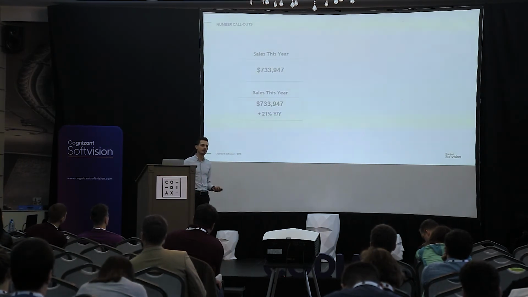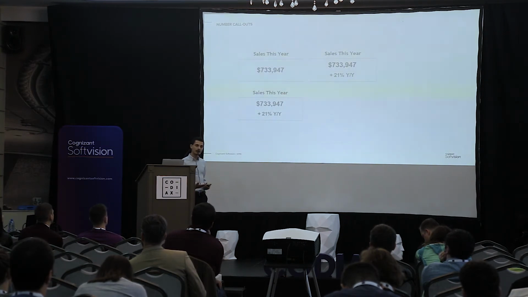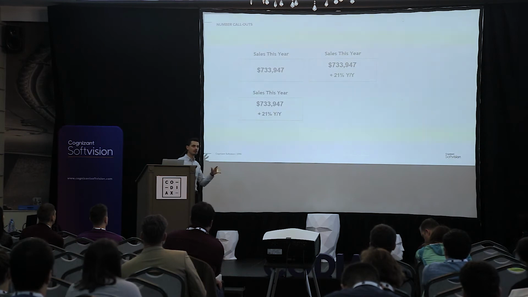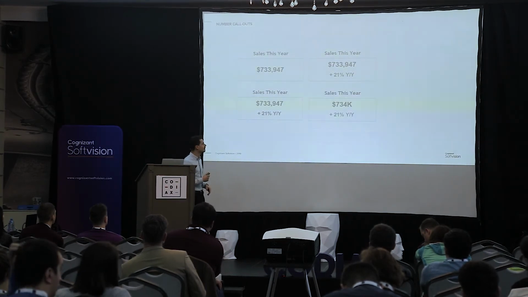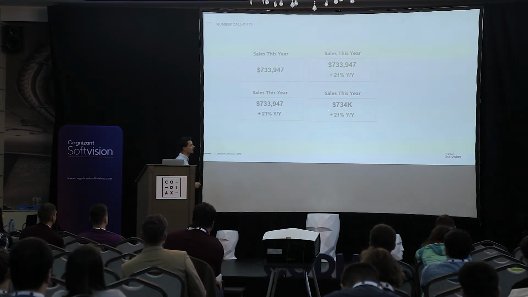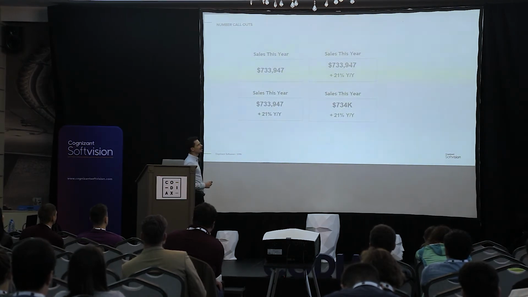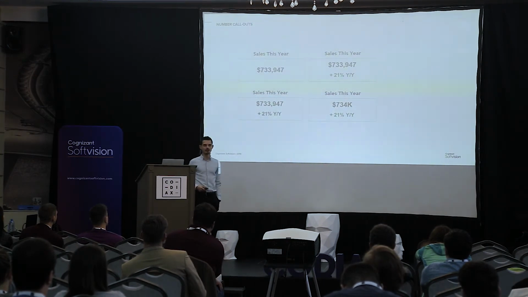I'm doing better. You can also add color into it, so you can see the difference if it has increased or decreased. And you can also truncate the value, because I might not be interested in the last cent here. I want to know the whole picture. $734,000.